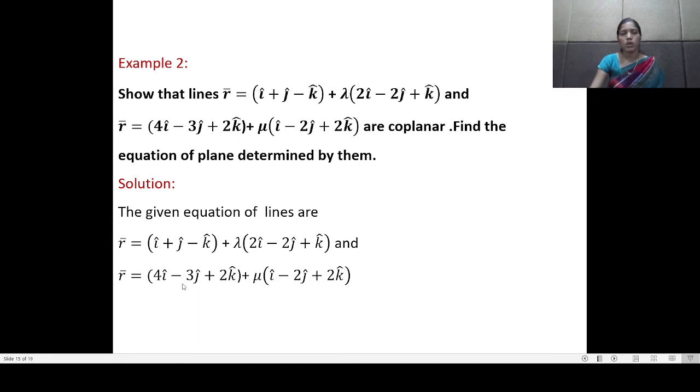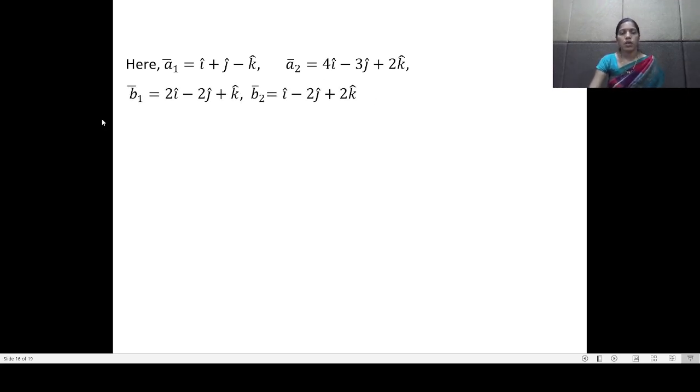We compare these two lines with the standard lines, that is r bar is equal to a1 bar plus lambda b1 bar, and r bar is equal to a2 bar plus mu b2 bar. So we can write a1 bar is i cap plus j cap minus k cap, a2 bar is 4i cap minus 3j cap plus 2k cap, b1 bar is 2i cap minus 2j cap plus k cap, and b2 bar is i cap minus 2j cap plus 2k cap.